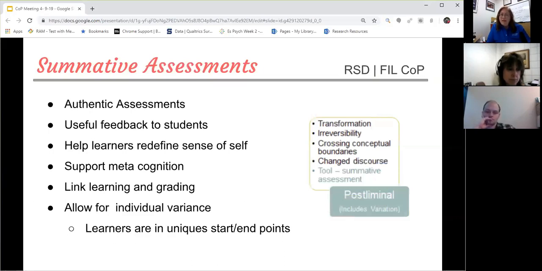We all have expertise in designing content for our areas, but how do we assess it effectively, both formatively and summatively, particularly summatively?